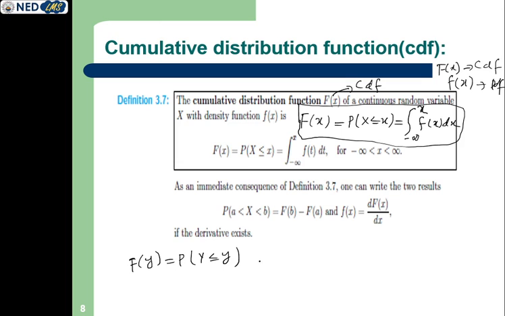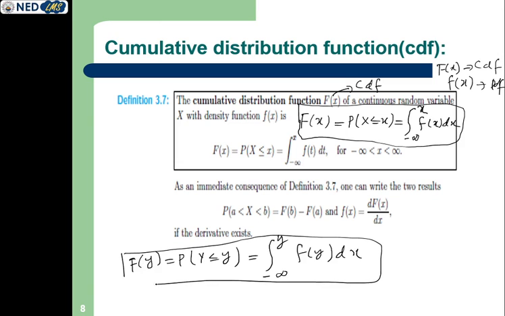The integral from minus infinity to y of f of y dy, this is the PDF.